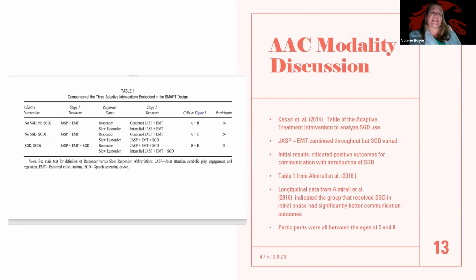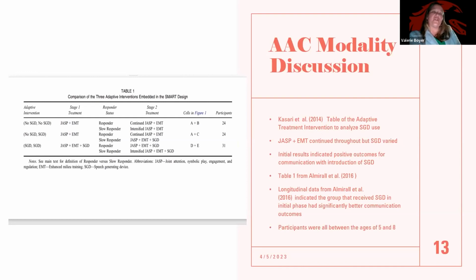What they did was introduce that speech generating device at different points throughout early intervention. The early intervention programming they used was based on Kasari's JASPER model, which I know she's going to be talking about later, combined with some elements of the enhanced milieu therapy model.